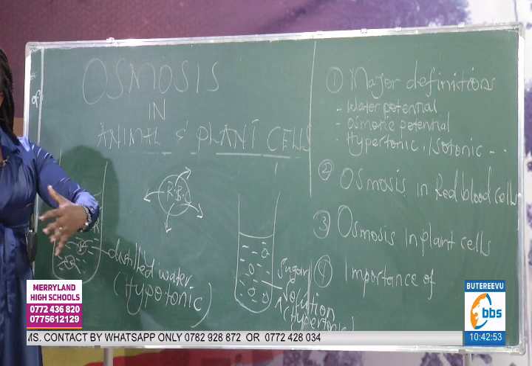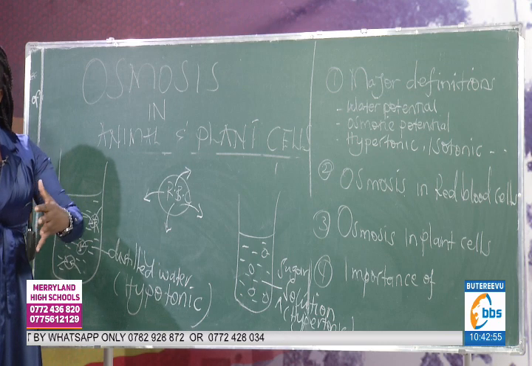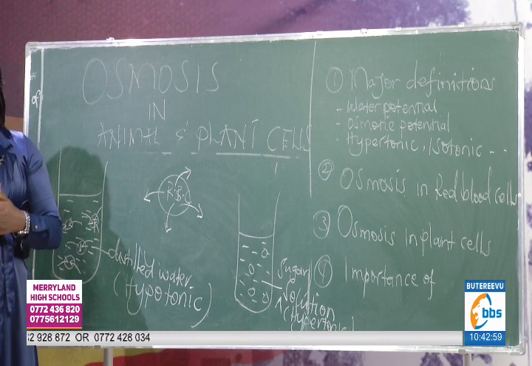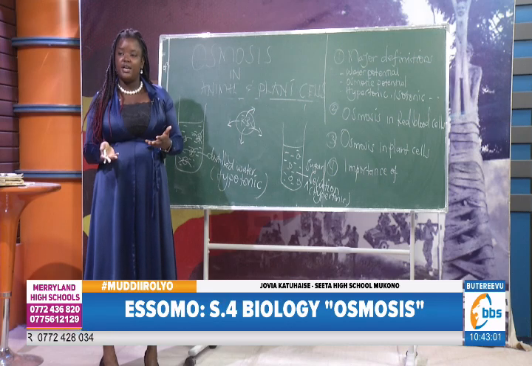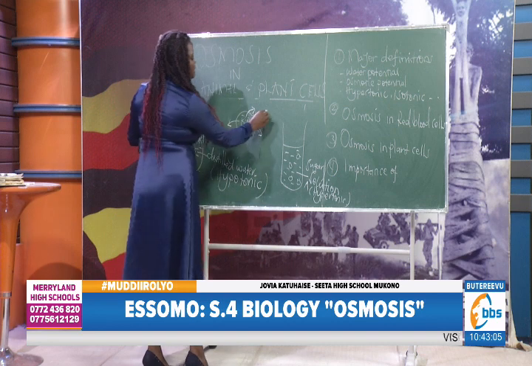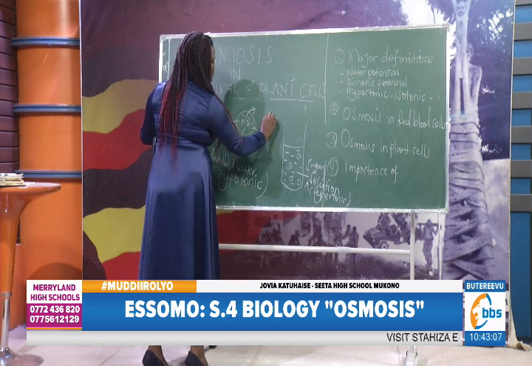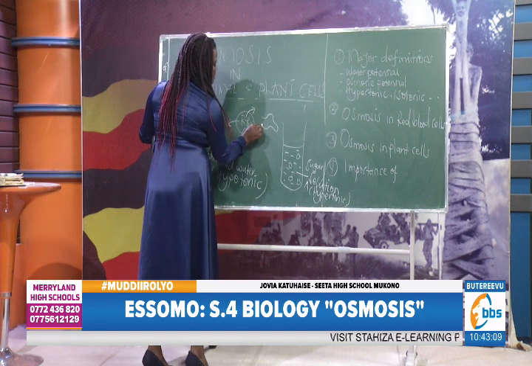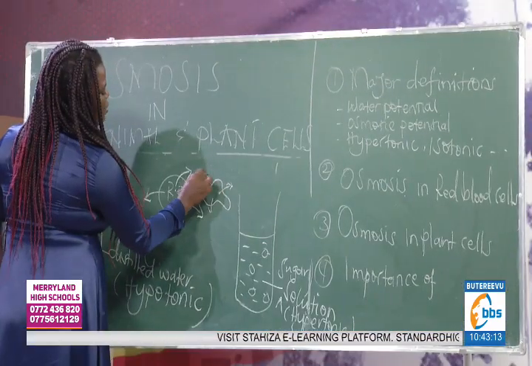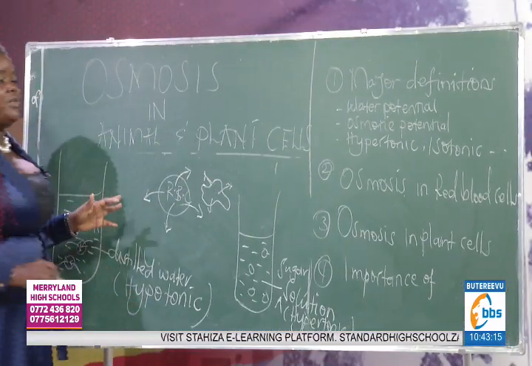Because it's losing water, it will keep on shrinking, reducing in size. And then later on it's going to form a spiked shape, and that shows that it has crenated. Excessive loss of water will result in the red blood cell becoming crenated.